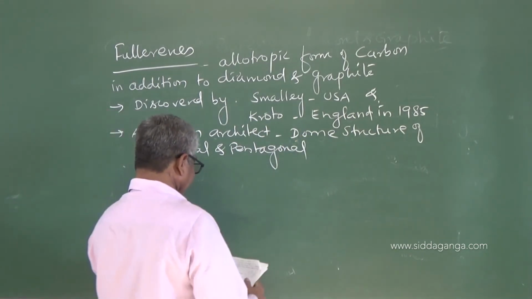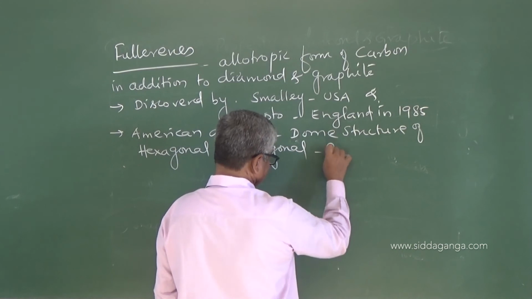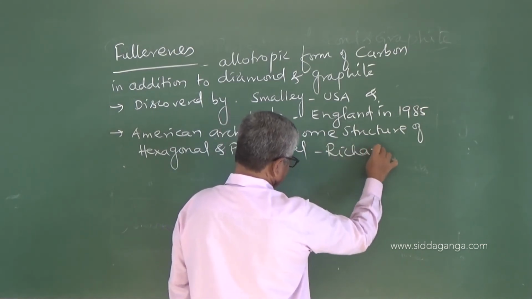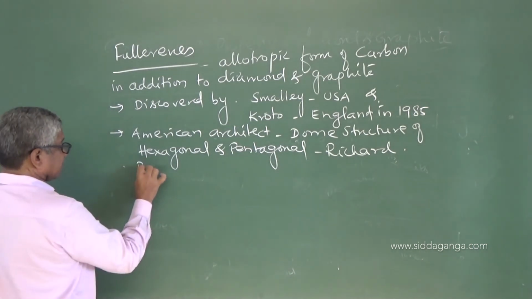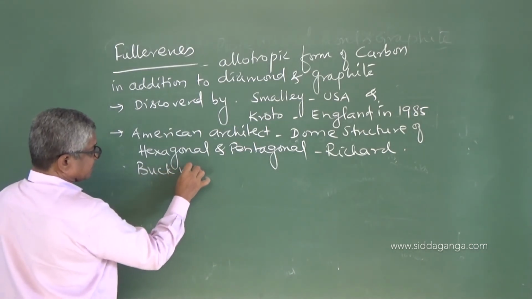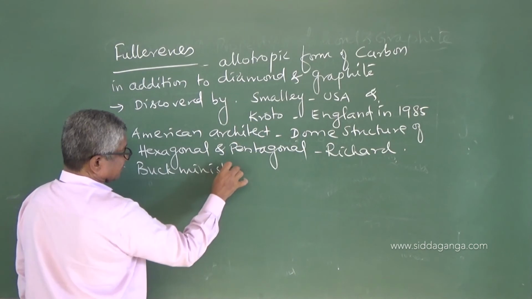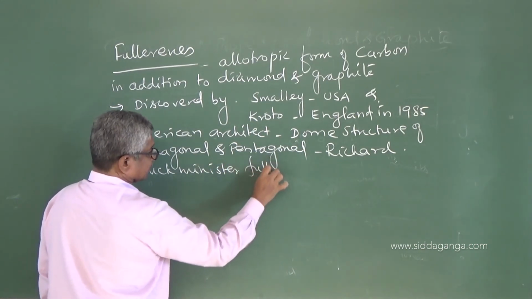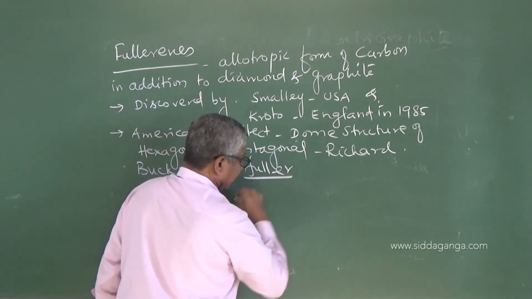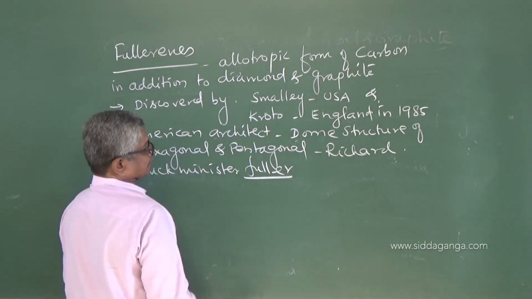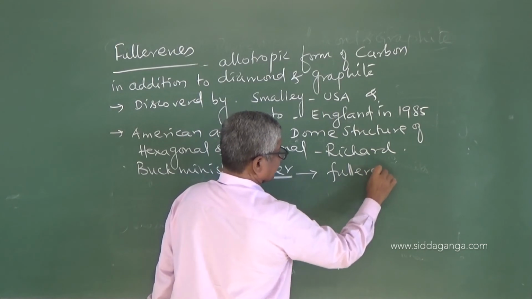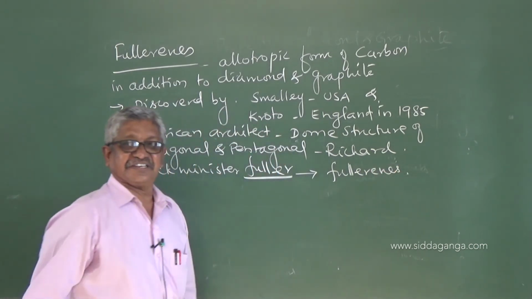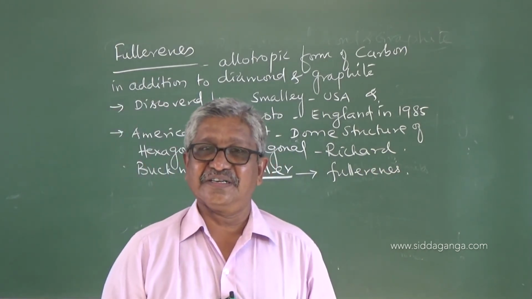His name was Richard Buckminster Fuller. On his name, they are named fullerenes.